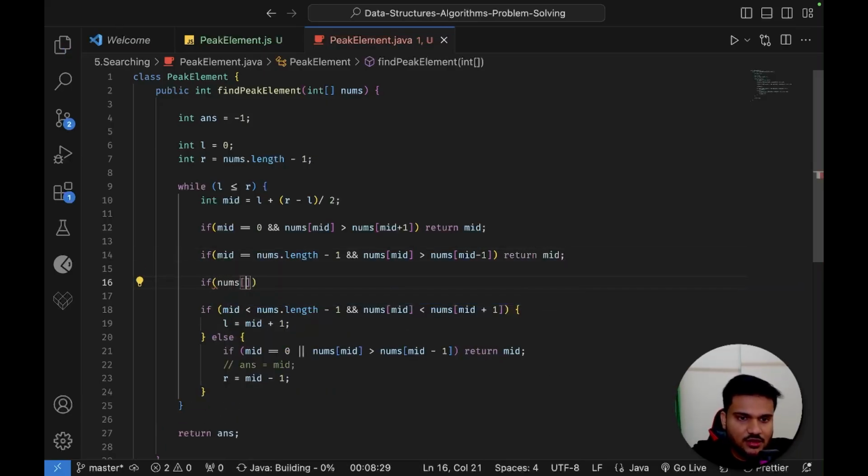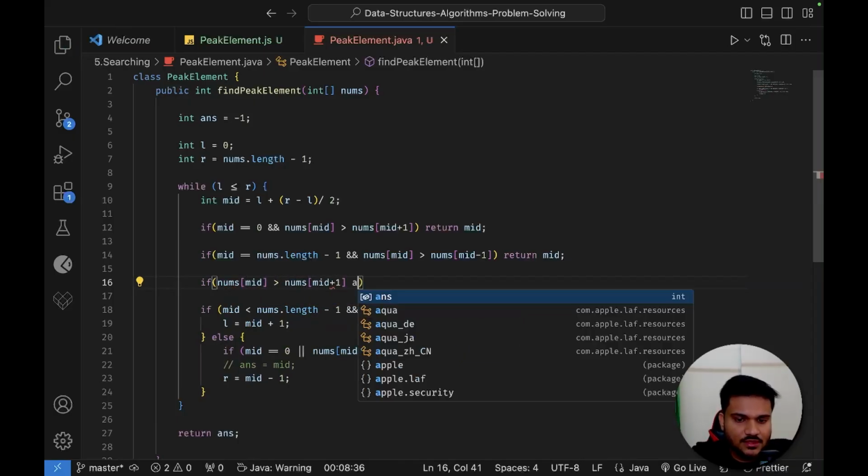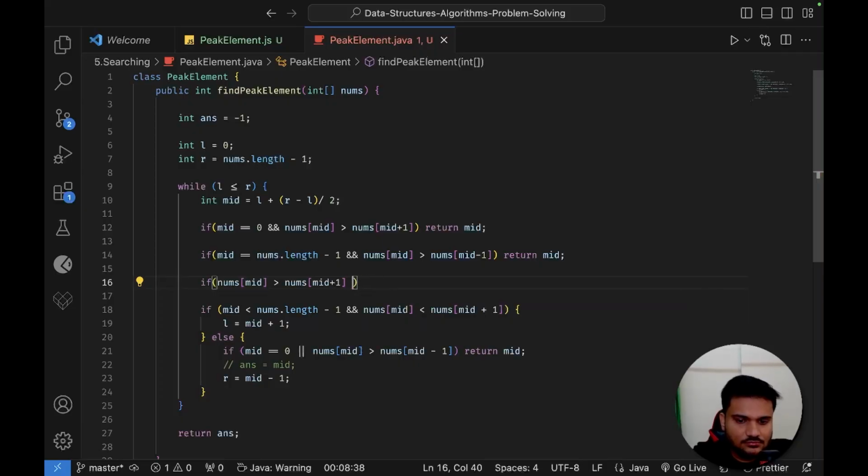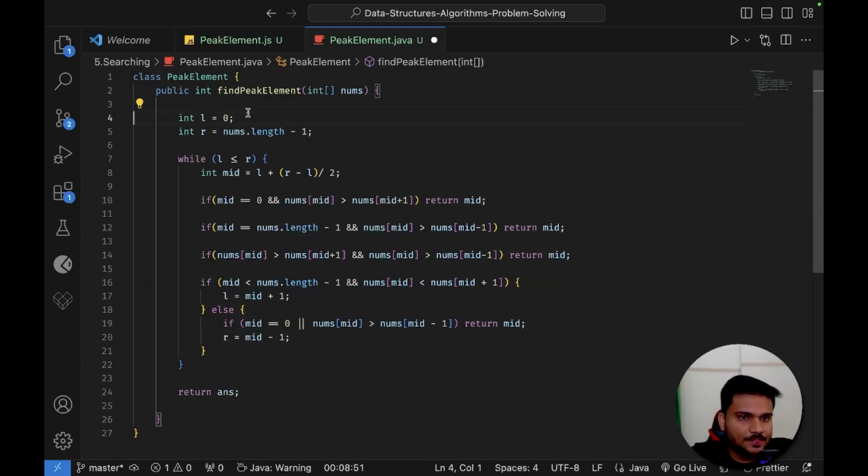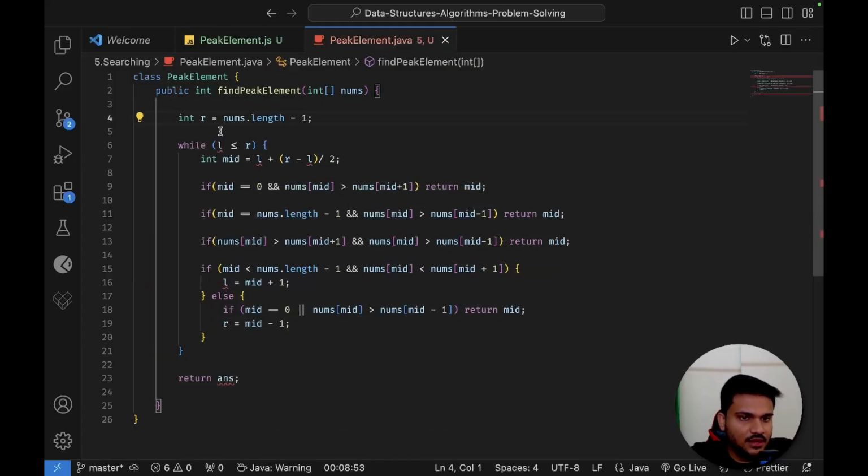Otherwise, if nums of mid is greater than nums of mid plus 1 and nums of mid is greater than nums of mid minus 1. If any of these three conditions are true, mid is your answer, right?